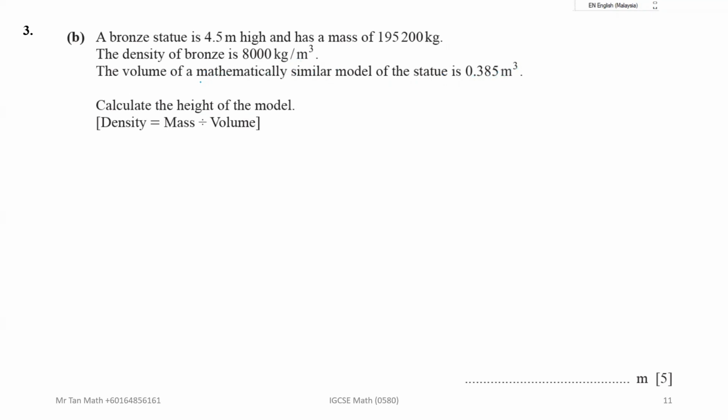Okay, so now we're dealing with mathematically similar. Before that, you must know there are three formulas, which is K equal to length of image over length of object, and then area of image over area of object equal to K square, and volume of image over volume of object equal to K cube.